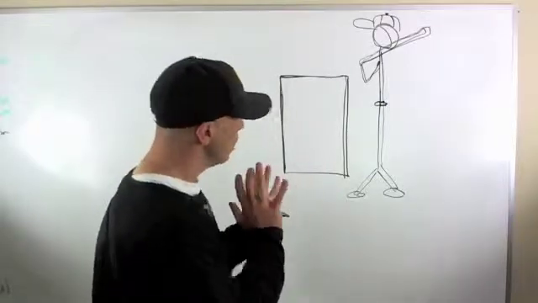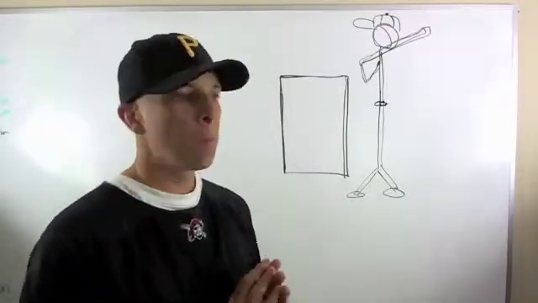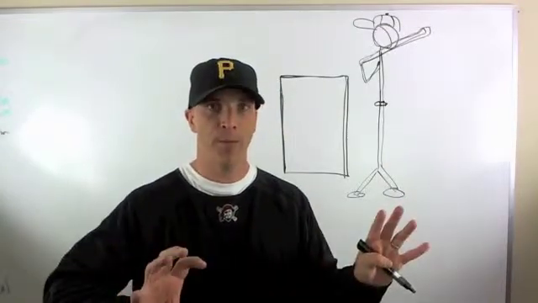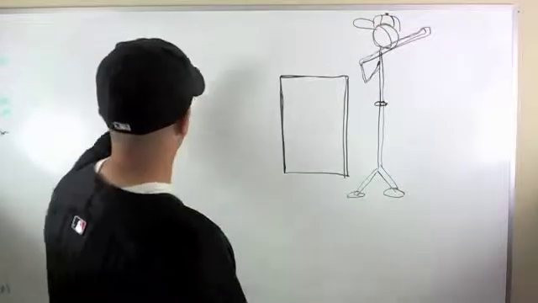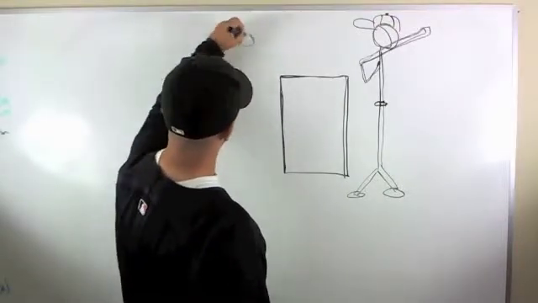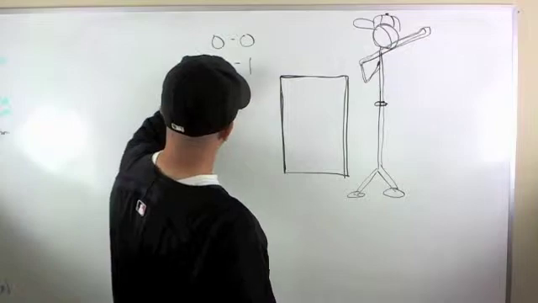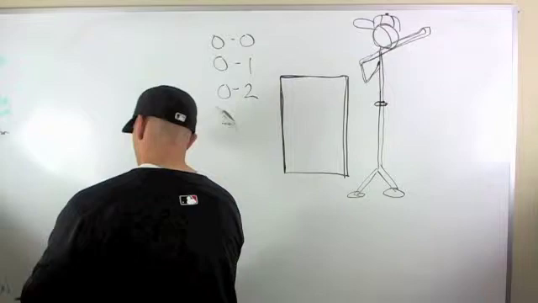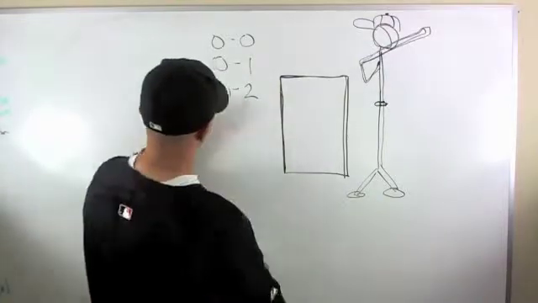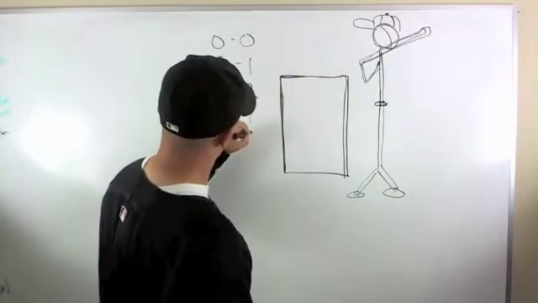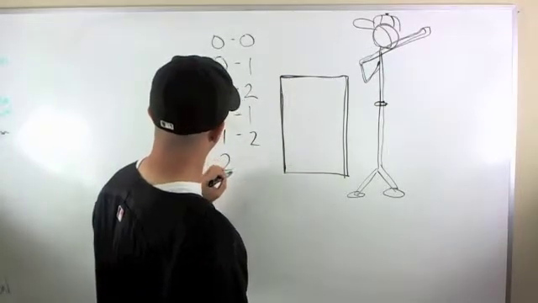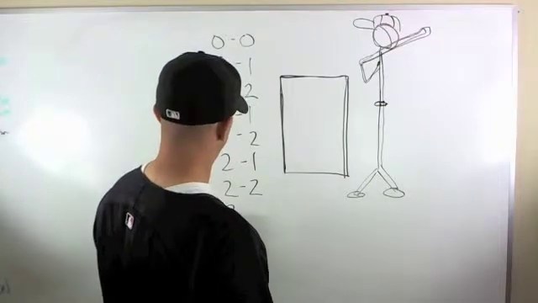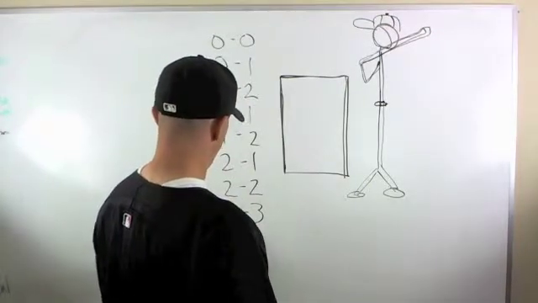Let's start off by going through every single count that you will be faced with, and then we'll look at some situations too. So let's go through the counts. 0-0, 0-1, 0-2, 1-1, 1-2, 2-1, 2-2, 3-2.